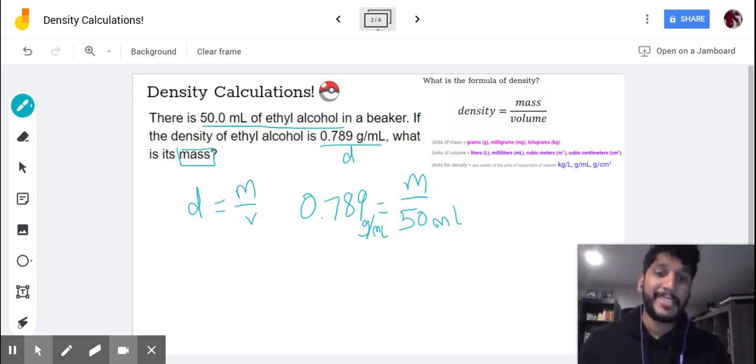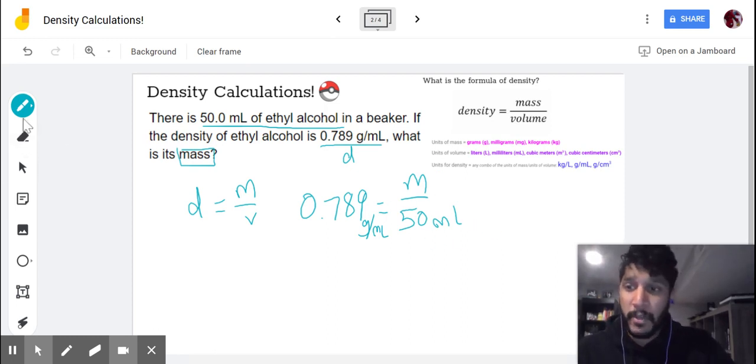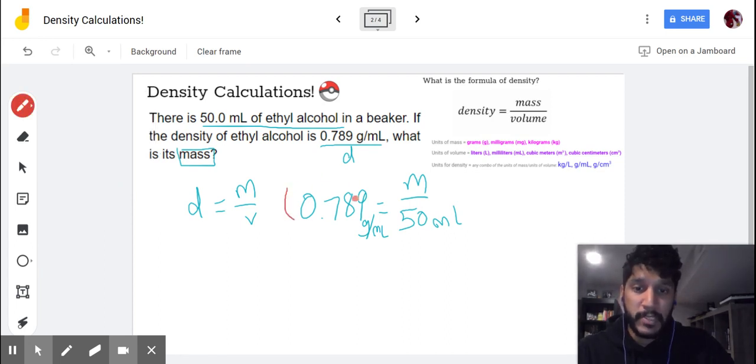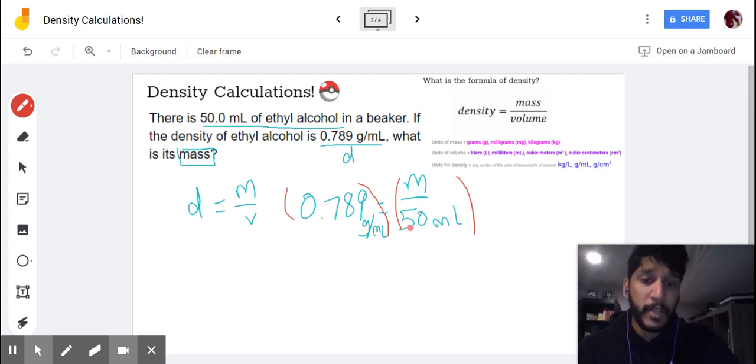Here, we need to be able to get rid of something. When you see this in math, we need to get rid of our denominator. So we are going to have to multiply both sides by a number. If we want to get rid of a denominator, we multiply by that number. So we're going to multiply both sides by 50.